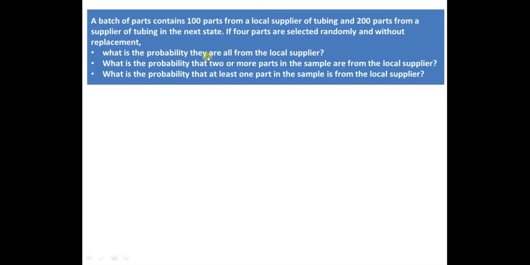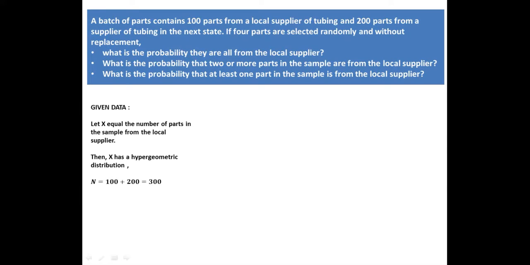So the first one is all 4 parts from the local supplier, the second case is 2 or more parts, and in the third case it is at least one part. So we'll write down the data first. Suppose that x is the number of parts from the local supplier.